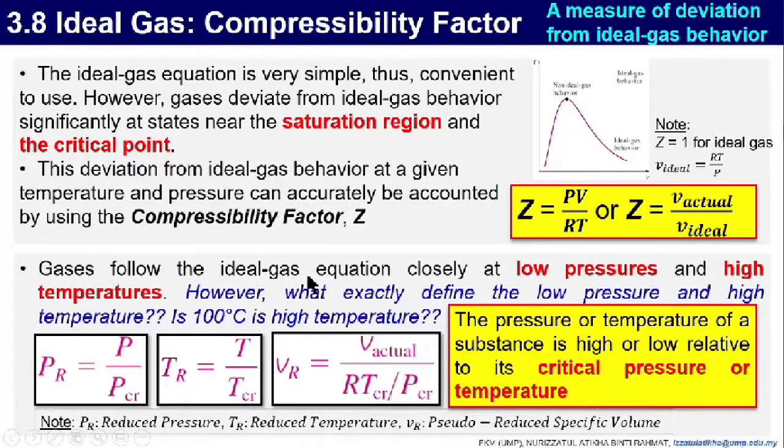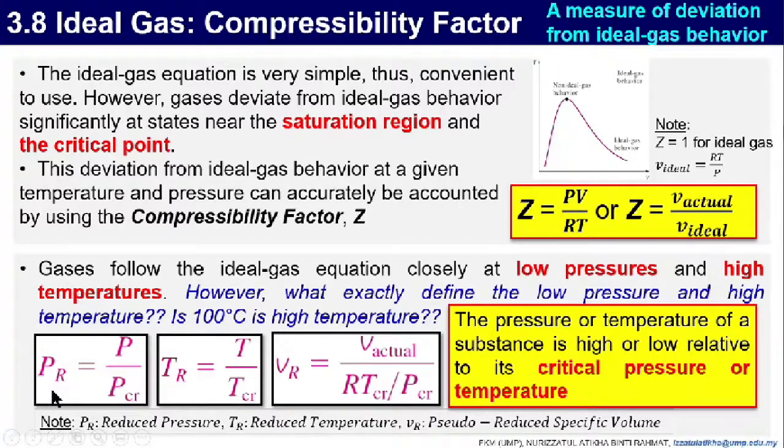Gases follow the ideal gas equation closely at low pressures and high temperatures. However, what exactly defines low pressure and high temperature? Is 100 degrees a high temperature? We don't know that. That's why we need to calculate the critical pressure and critical temperature. In order to calculate that, you have to use this equation.